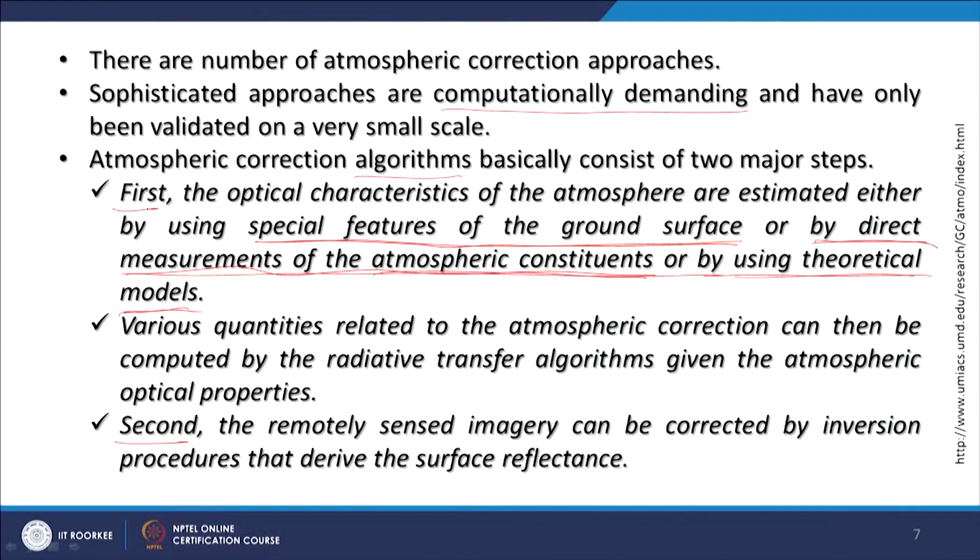The first approach was like this. Another approach can be correction by inversion procedures that derive the surface reflectance. Again, when we go for inversion, a lot of things will be assumed.